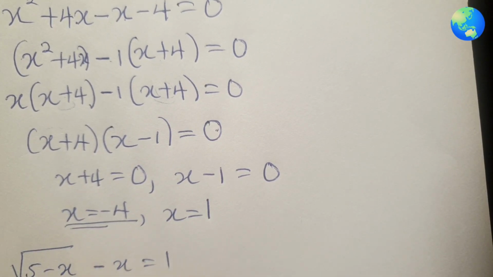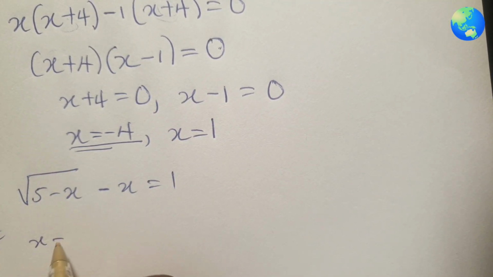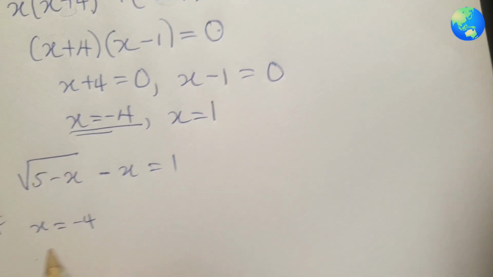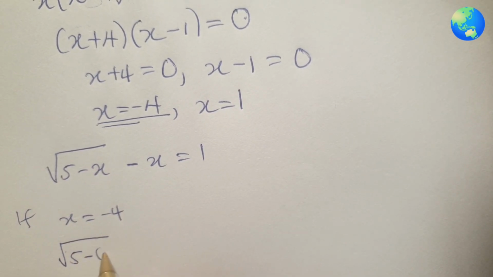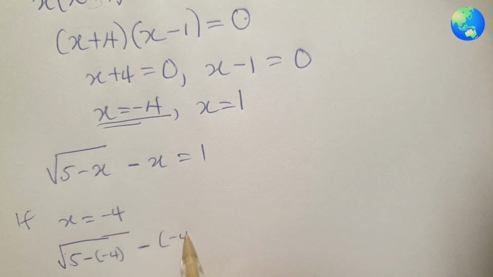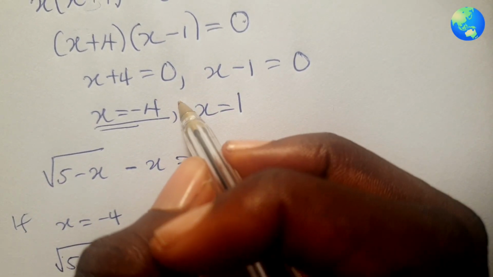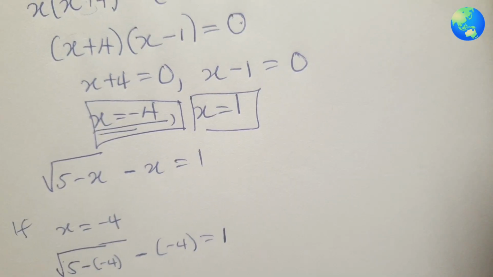So if I use x equals minus 4, I will have square root of 5 minus 4, minus 4 to be 1. I'm trying to check if it works, because we have two answers. So we'll check which one is valid, then we'll take that.